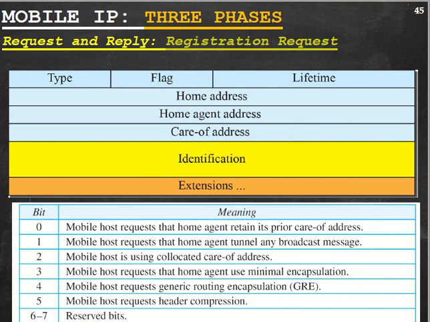Second one is flag. Once again, this is an 8-bit flag that defines the forwarding information. The value of each bit can be set and reset, so there are different meanings for this 8-bit flag. The meaning of these bits has been given in the table below.